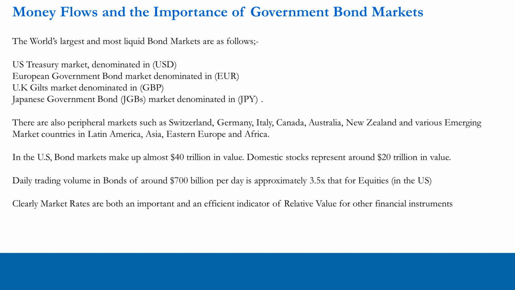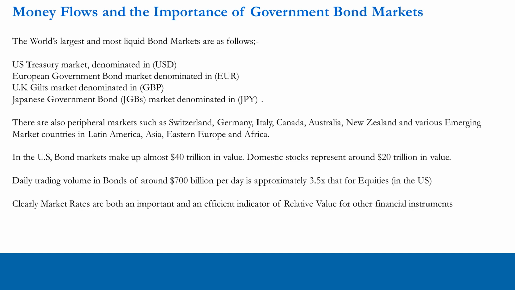Now, just to give you a sense of the size of US bond markets, US bond markets make up almost $40 trillion in value. And when we compare this to the stock market, domestic stocks in the US represent around $20 trillion in value. In terms of daily trading volume, so liquidity, the daily trading volume in bonds in the US is around $700 billion per day.